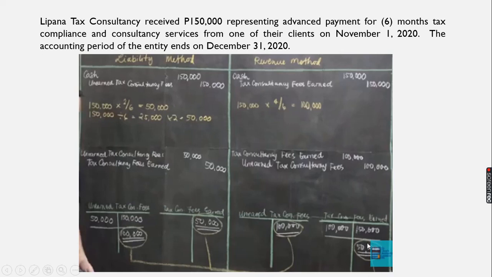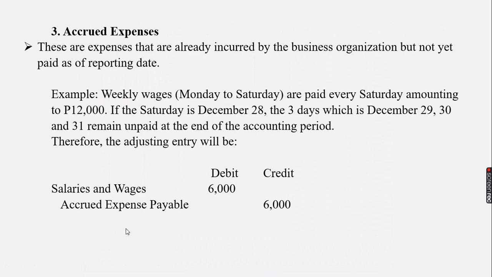So, tama yung amount niya, di ba? So, tama. Pareha sila ng liability method, pareha sila ng balance, which is 50,000. Pag unearned tax consultancy fees, ayan, 100,000, parehas din ng balance, okay? Para ma-check natin kung tama yung ginagawa natin, gino-compute natin, okay? Tama yung balance, okay? So, that is for unearned revenues.